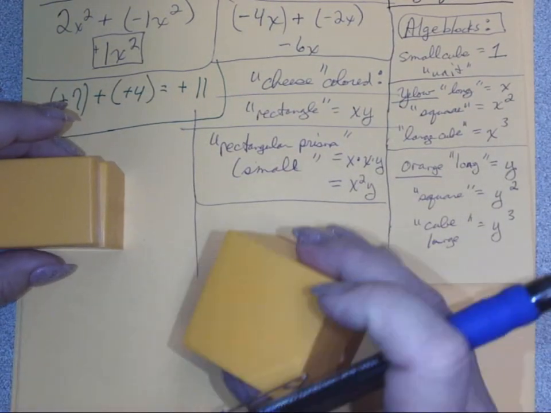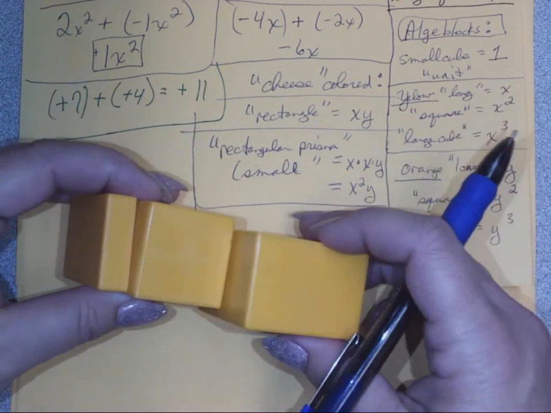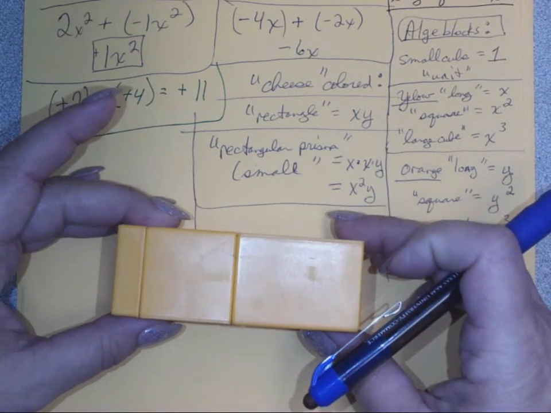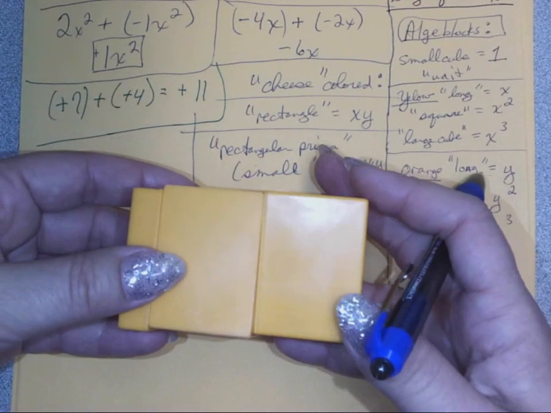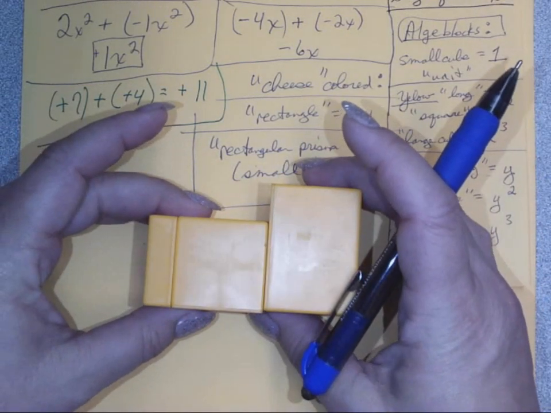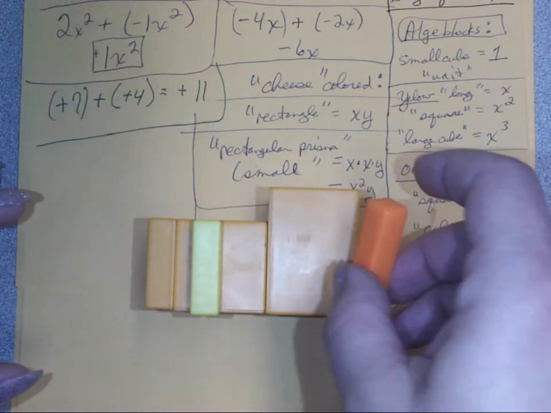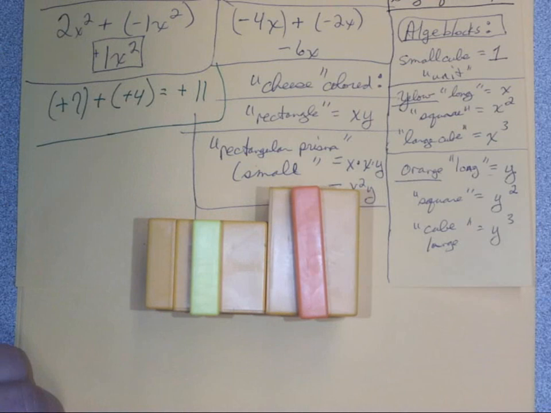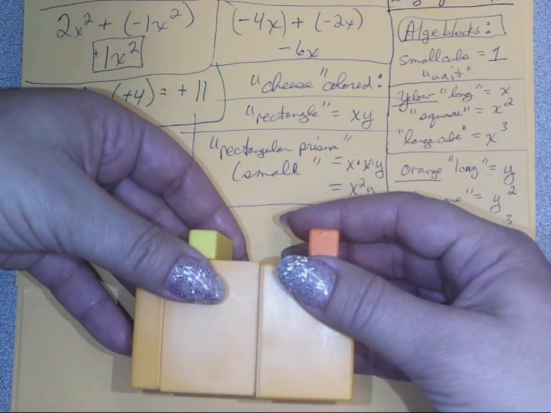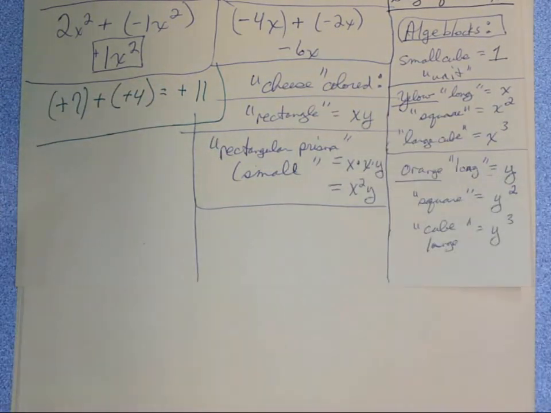And the last one here is also a rectangular prism, but it's not the same size as that guy, because you can see it right here. Their faces look the same, so the face is an xy, but what about the depth of them? This one, his depth is an x, but this one, his depth is a y, right? So they still have the same face. They still look the same from one side, but this guy's a lot deeper than the other one, over a unit longer.